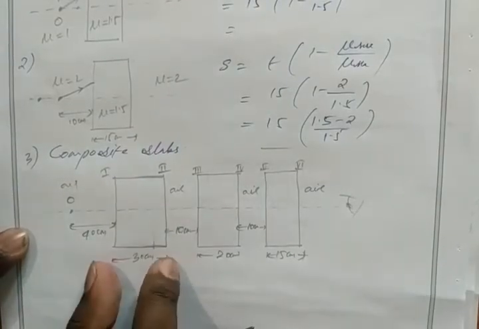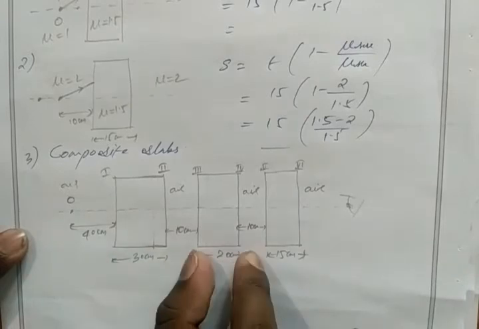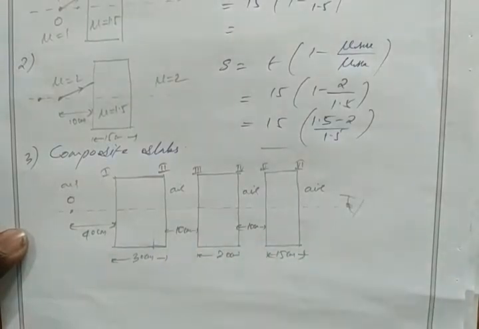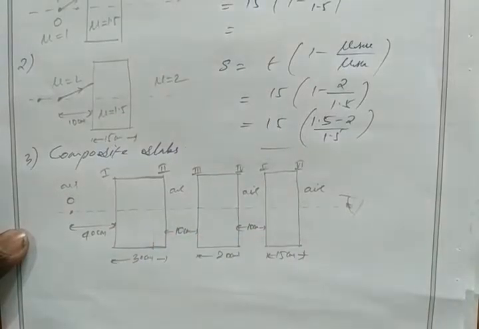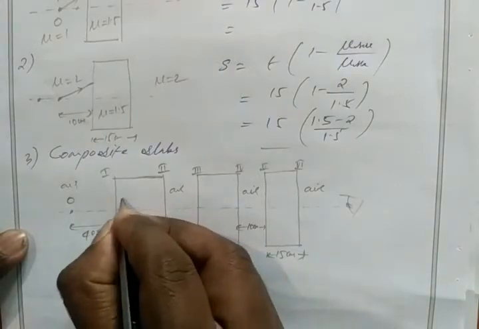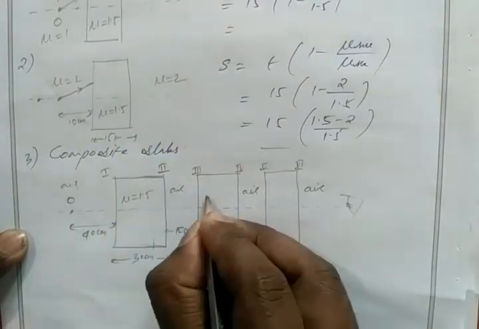The thickness of the first slab is 30 centimeter, second slab 20 centimeter, third slab 15 centimeter. Distance between each slab is 10 centimeter. The slabs are surrounded by air, and the refractive index of all the slabs is taken as 1.5.